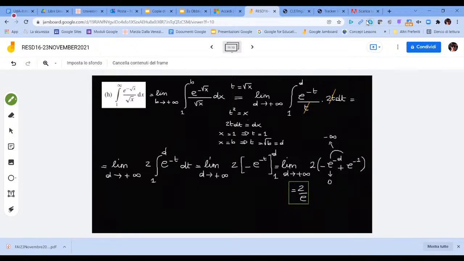First degree linear differential equation. Let's take some example, some simple example that you have maybe in your book. Something very simple.